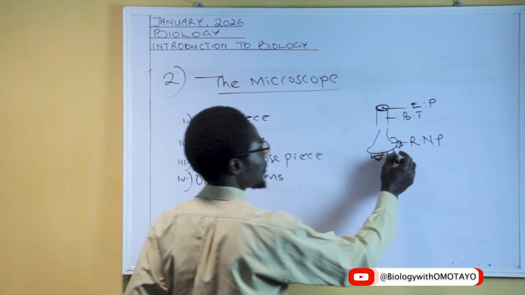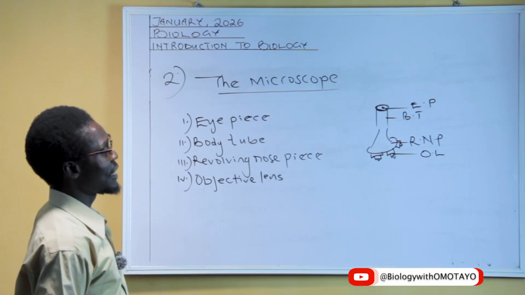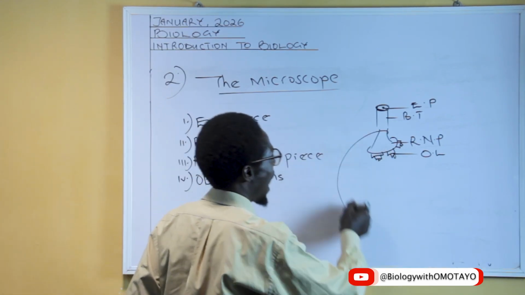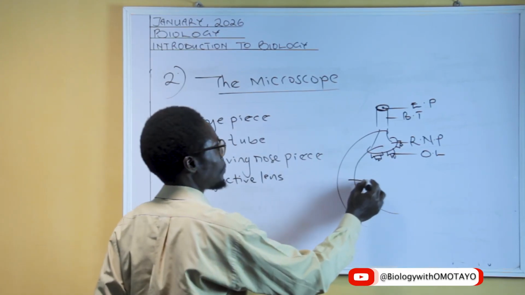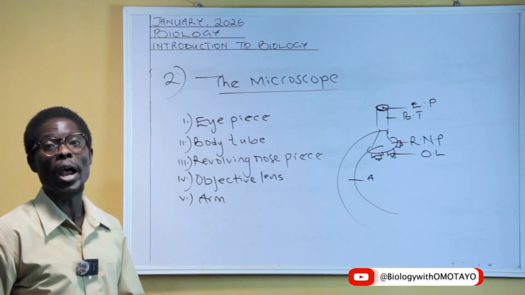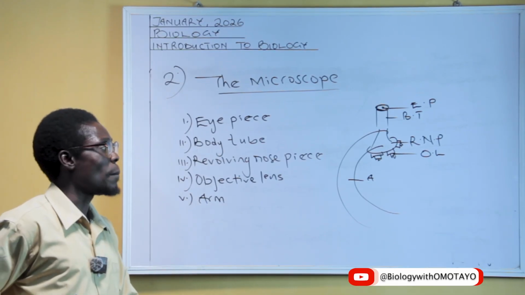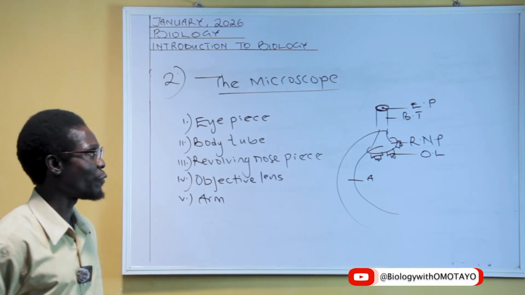Now, after the objective lens, we equally do have the arm. Okay, this is my arm. The arm helps in handling the microscope properly. Remember, we are dealing with lenses and you need to be careful.